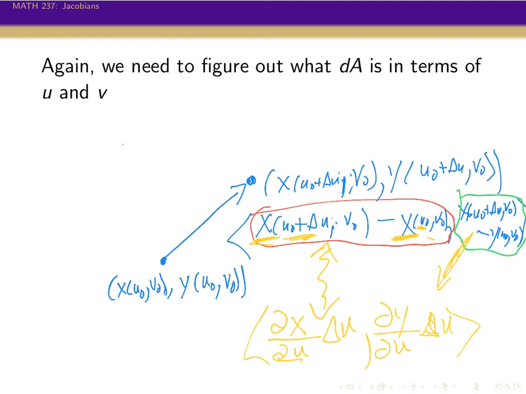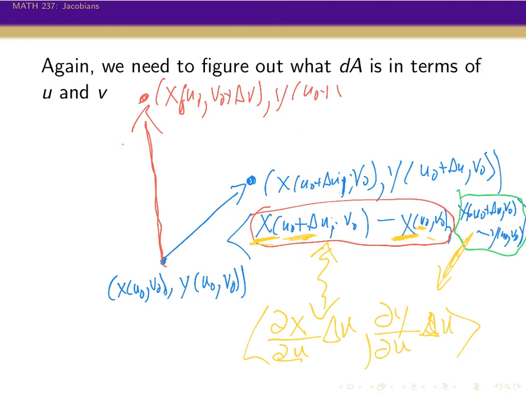Similarly, if we look at what happens when we increase the v, this is becoming some point x of u naught, v naught plus delta v, y of u naught, comma v naught plus delta v.